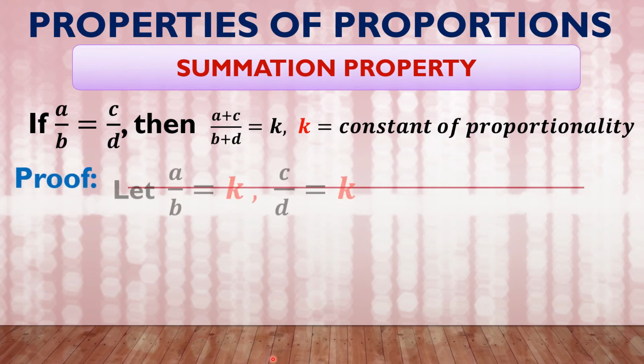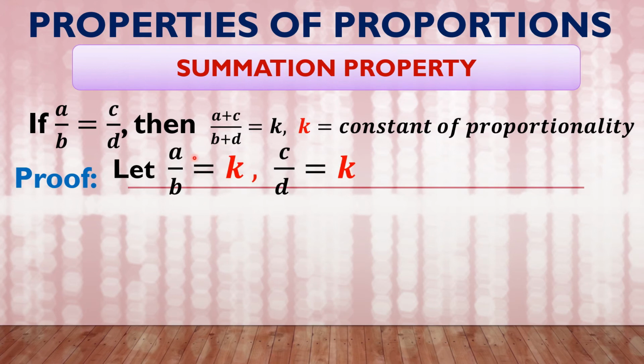Okay, proof is we let A over B equals K. And also let C over D is equal to K, no? Ito, nilet natin kay K. At yung C over D, nilet din natin kay K. And then multiplying this, A over B is equal to K is equivalent to A equals BK. No?